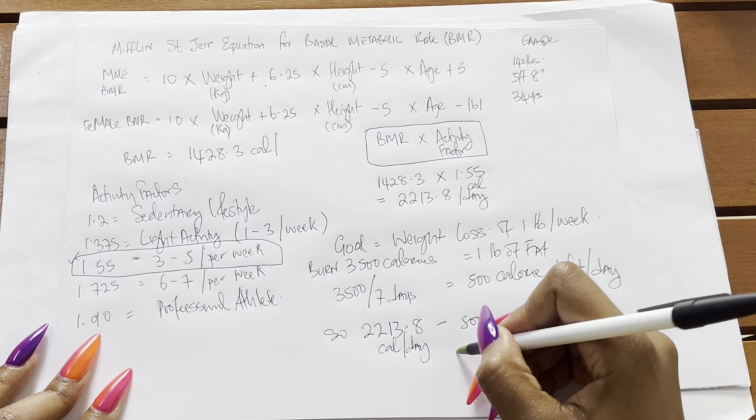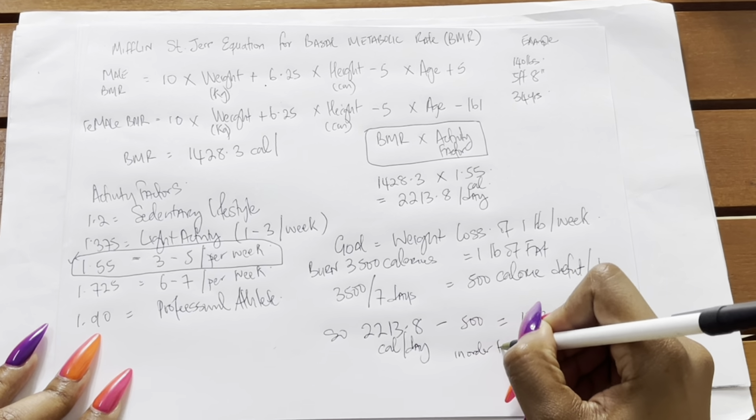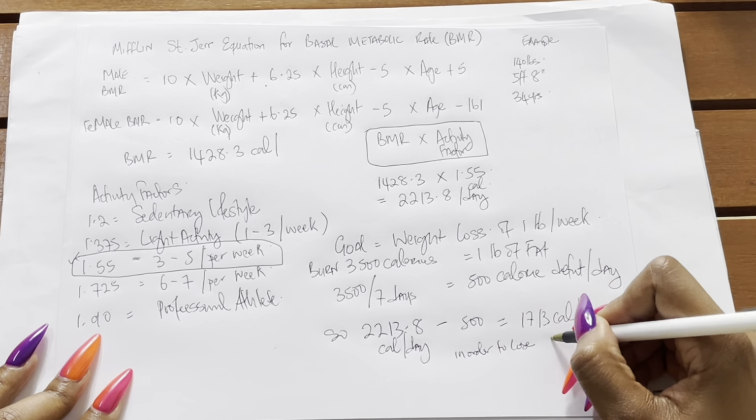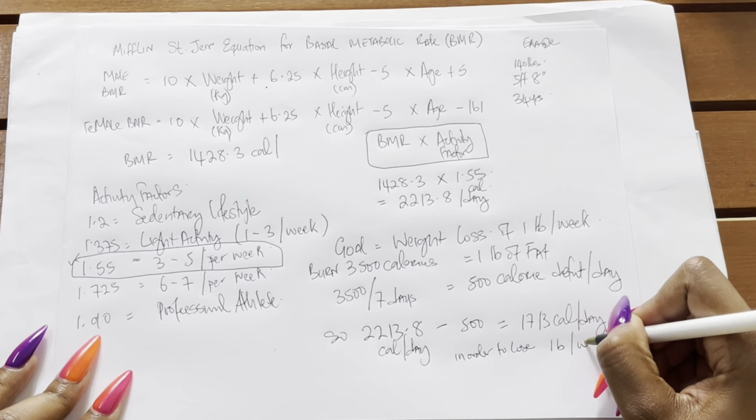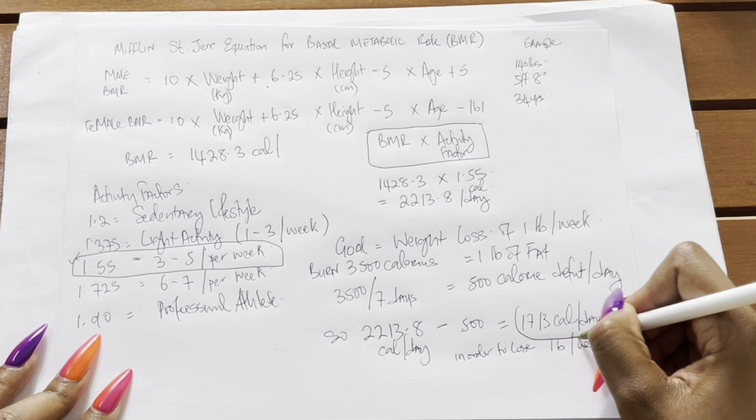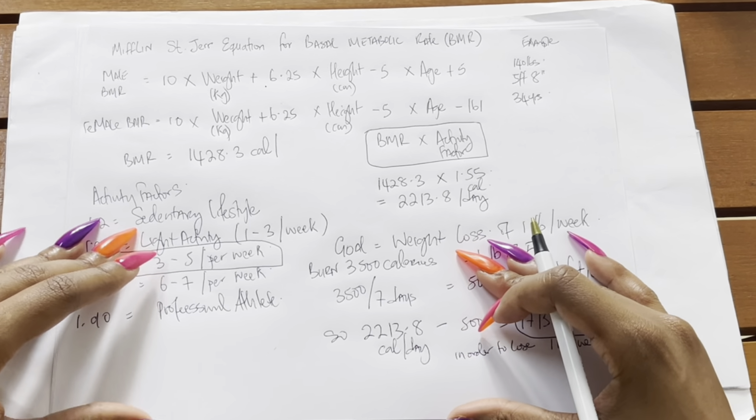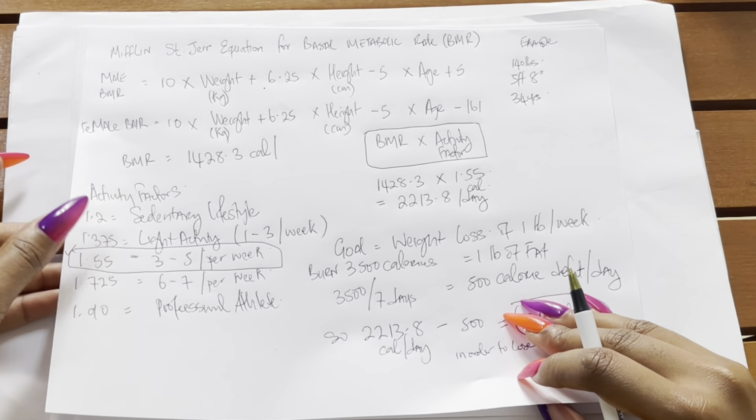Now, persons may say, I want to lose more than that per week. Or let's say you wanted to gain weight. Instead of subtracting, you would add it to the 2,213, and that would make you gain 1 pound per week.